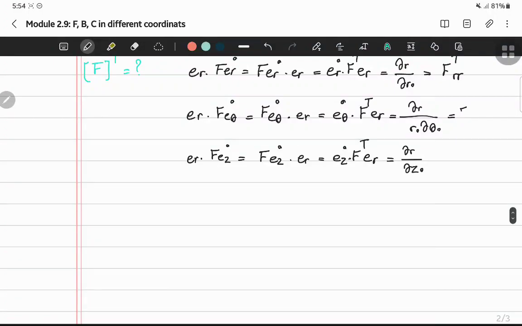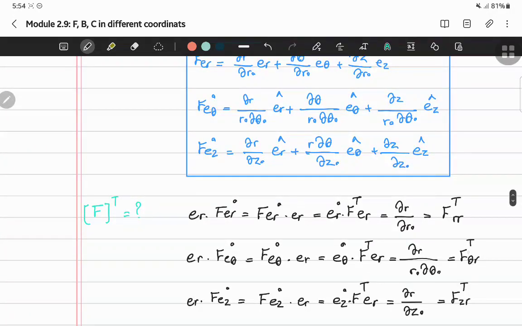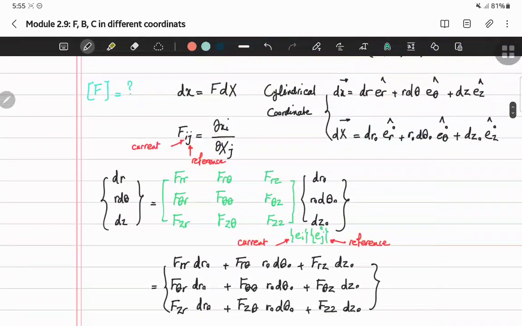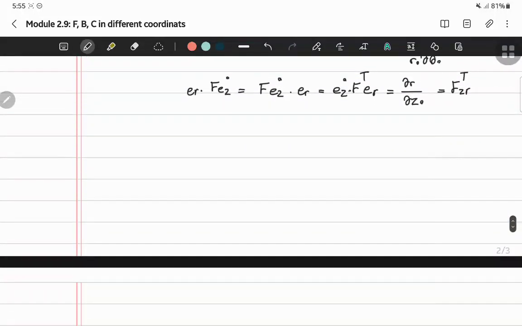And here we have F_thetaR, and here we have F_ZR. And these are transposed, right? So here you can see that this is F transpose theta R. Since it is a transpose, we swap the columns and rows. So here F_thetaR goes in here. If I write it down in here, I'm going to have F transpose like this.